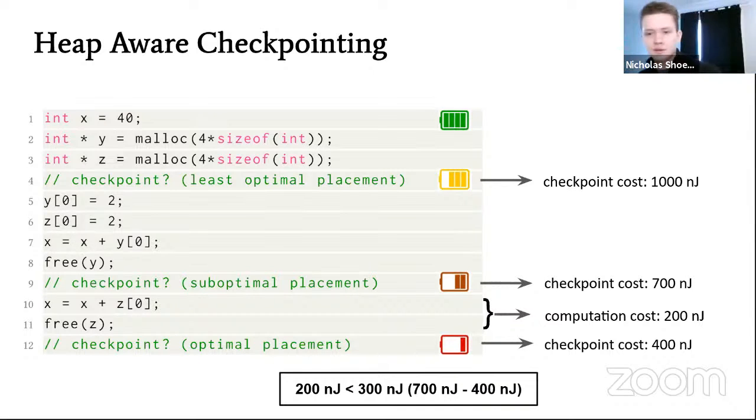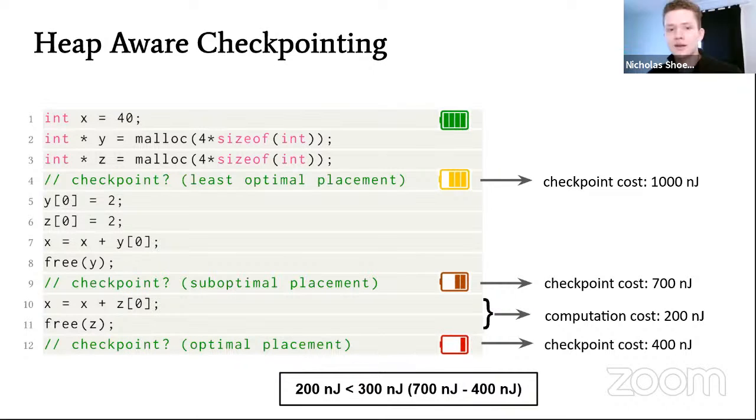Well, the idea with this example is that it's always optimal to reach line 12, because by having the deallocation, we're saving energy. We only have a finite amount of energy in each of these pulses of power. If we can make the checkpoint cost less, then we can use the rest of that energy to do more computations.